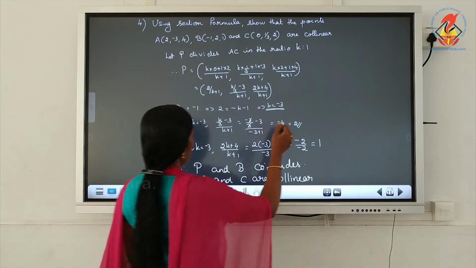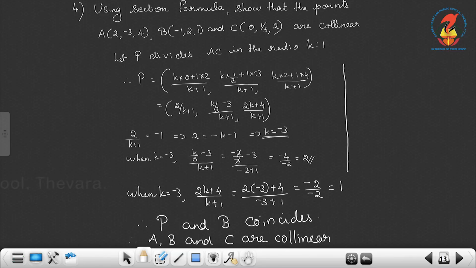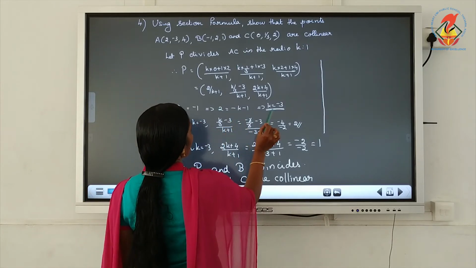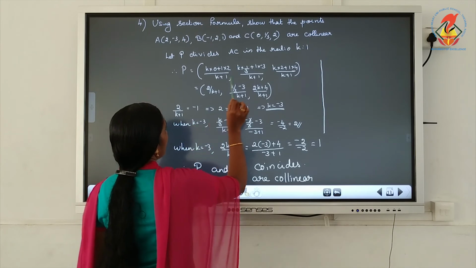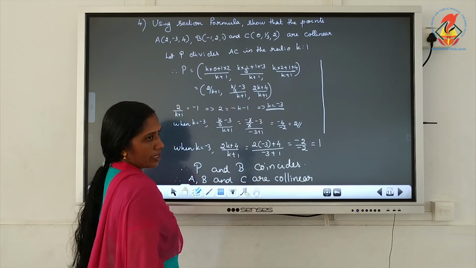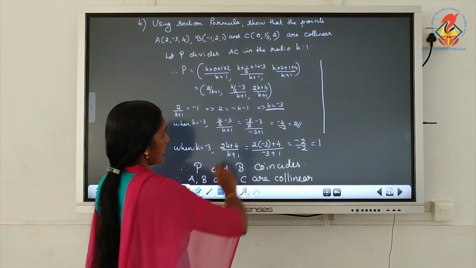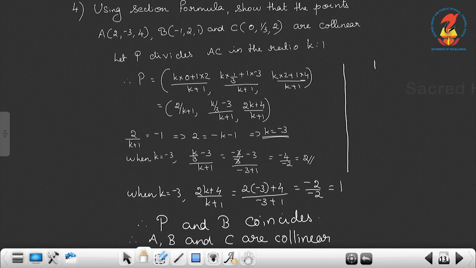The other method is, after getting k, I substitute this k value in the second and third coordinate. The other method is, after getting k is equal to minus 3, that is equating the first coordinate. From that you get minus 3. Now equating second coordinates.